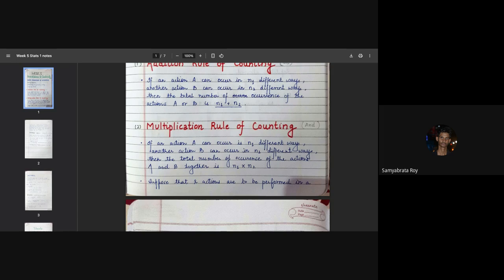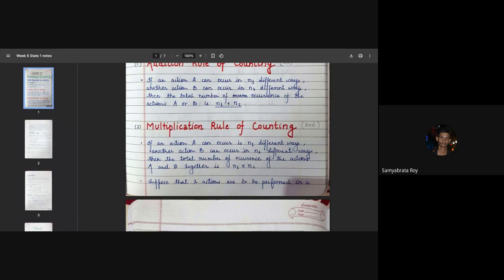How many different ways are there? Like, A could be executed in n1 different ways, but B could be executed in n2 different ways. Now, what is the number of possible ways in which we are able to execute A and B together?